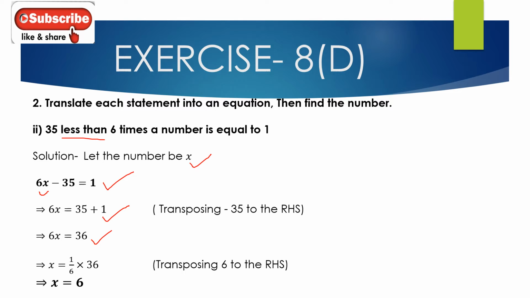Now we get x equal to 1 divided by 6 multiplied by 36. Cancelling 6 with 36, we get 6. So x equal to 6. The value of the variable x is 6, so the number is 6.